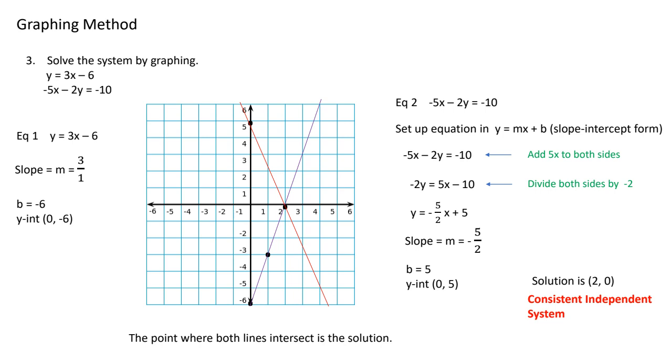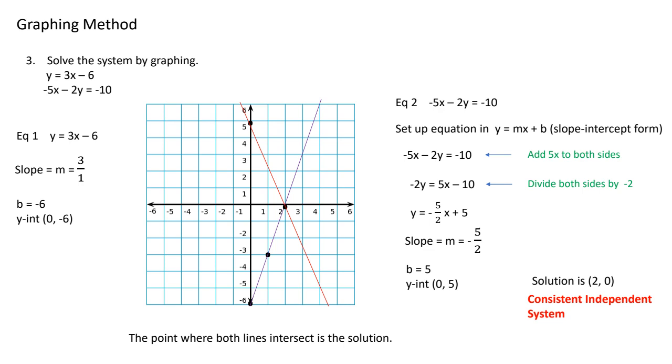Now there are two benefits of doing this. Whenever they give you two equations that are not in the same format, for instance, the first one was given to me in slope-intercept form, but the second one was given to me in general form, converting it to slope-intercept form will not only help me graph, but it could help you sometimes.